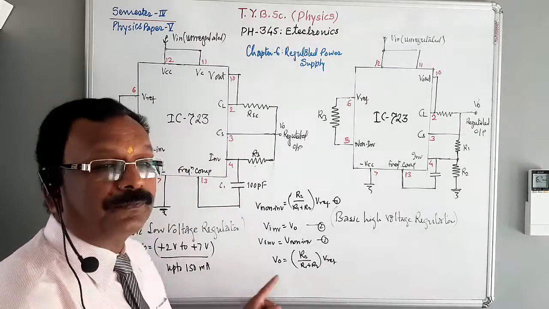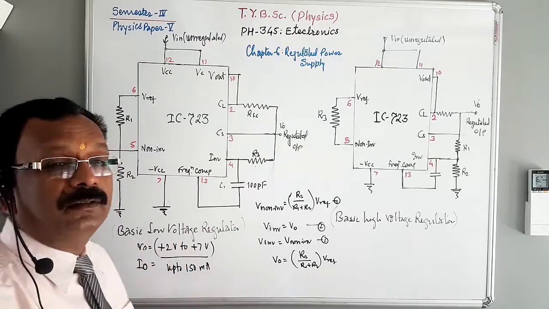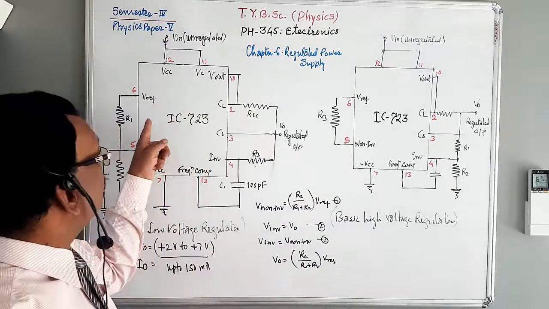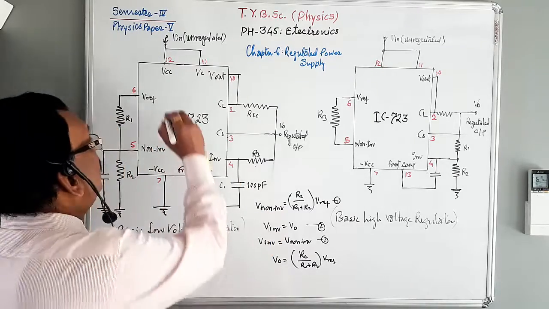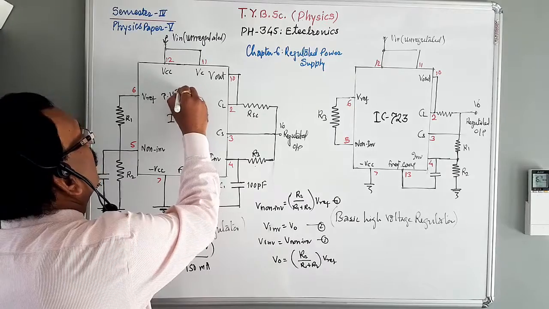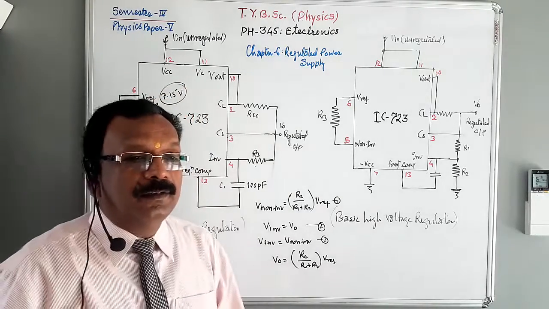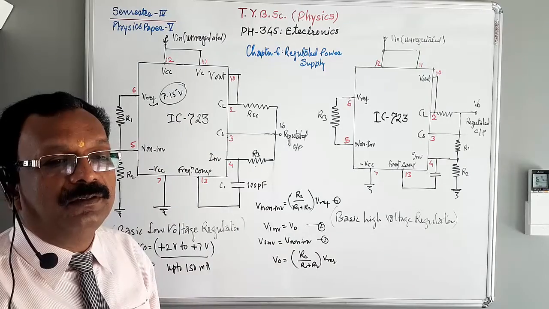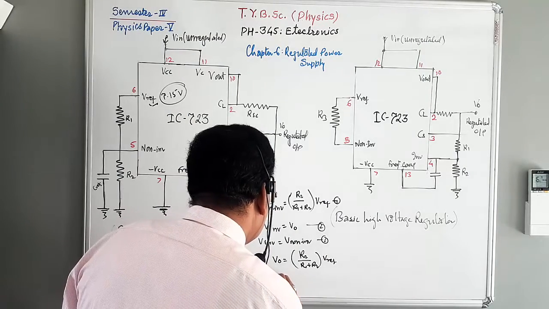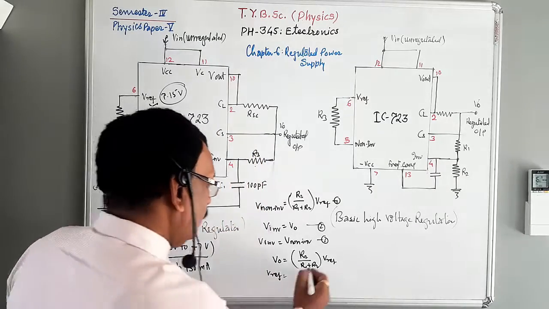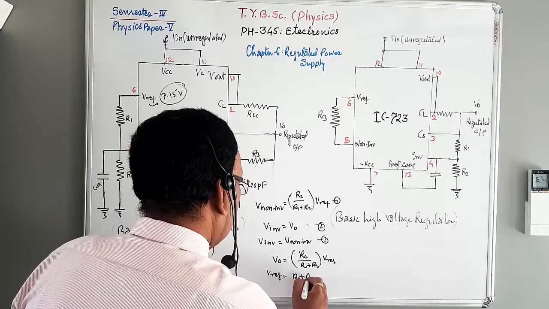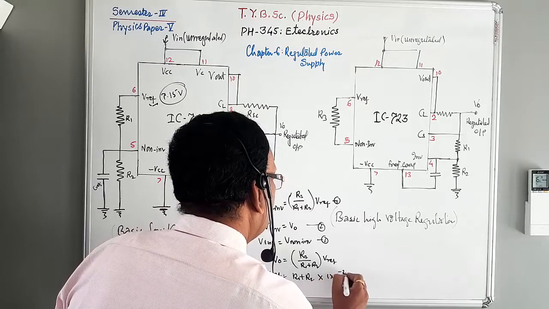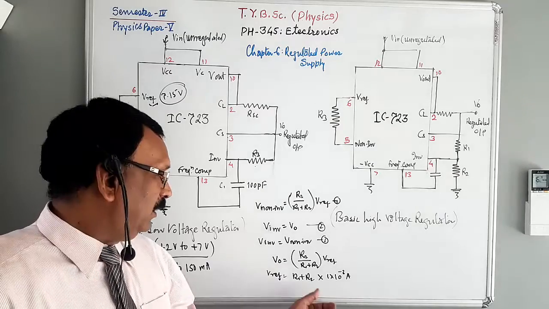Now, if the current in the circuit is 1 milliampere due to V reference, and I told you yesterday that V reference is nearly 7.15 volt, then V reference is equal to R1 plus R2 into 1 into 10 raised to minus 3 ampere. Why is this?